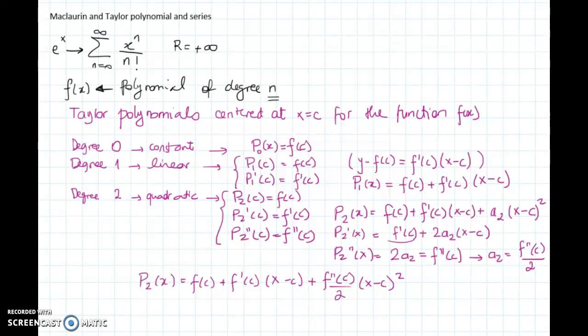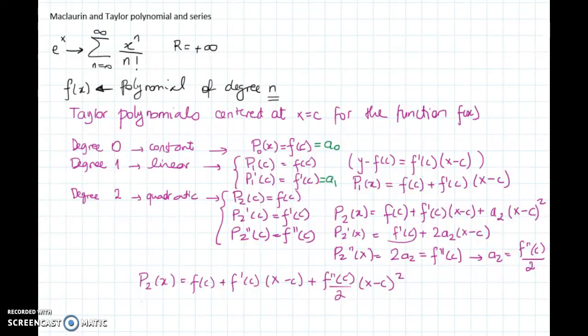It could be convenient to simplify the notation a bit: call the value of the constant polynomial of degree 0, the value of the function at c, A0, and the derivative of the function at c A1. We found the value of A2 over here, so we could also use those coefficients to write down what we have so far.